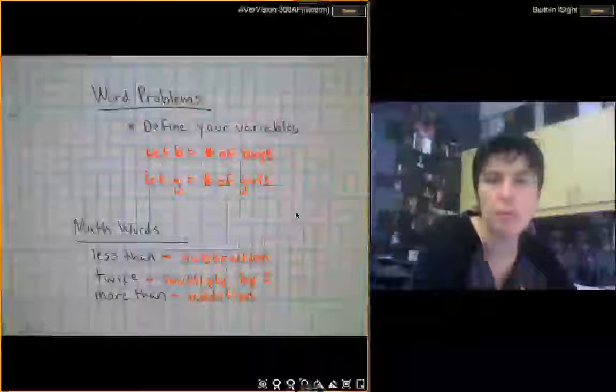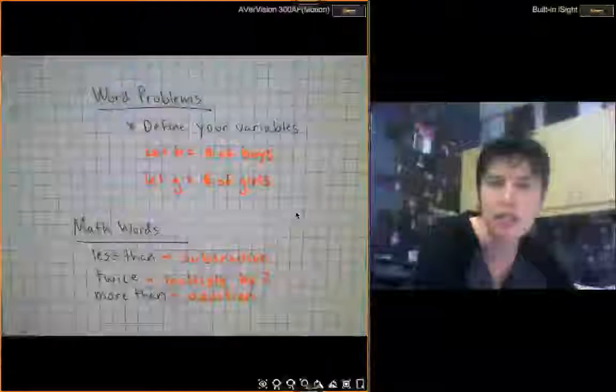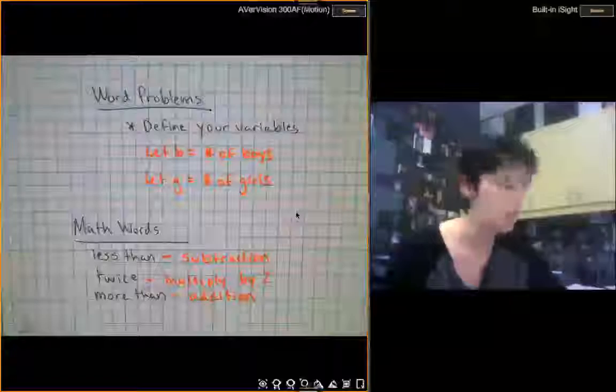What we want to be able to do is read some story problems, and when you practice this in the classroom, you're really just going to practice reading the story and defining the variables, not necessarily solving. On the boy and girl question, we didn't solve any equation. I'm just writing the mathematical sentence and defining what B equals and what G equals.